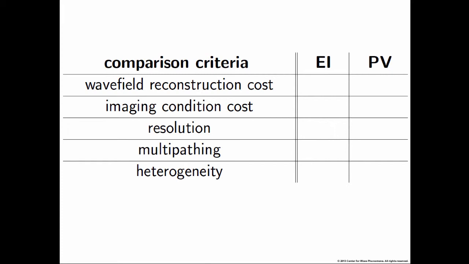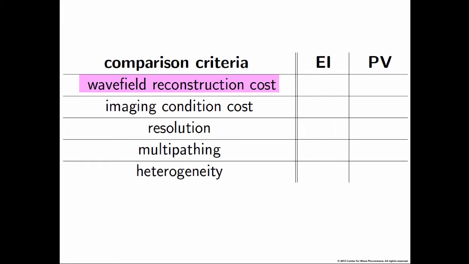Can we obtain a specular reflection, or is it smeared? Can we apply this method to locally heterogeneous media and media characterized by multiple propagation paths? If you have multipath, we would like to capture all propagation directions, all illumination angles. So that's going to be important.